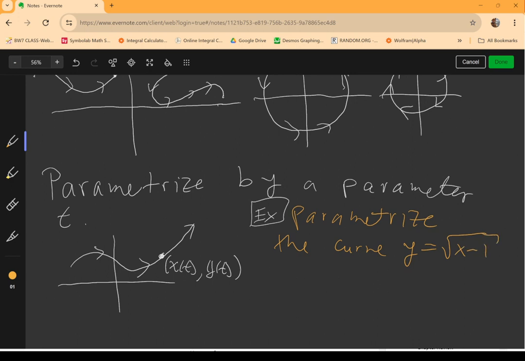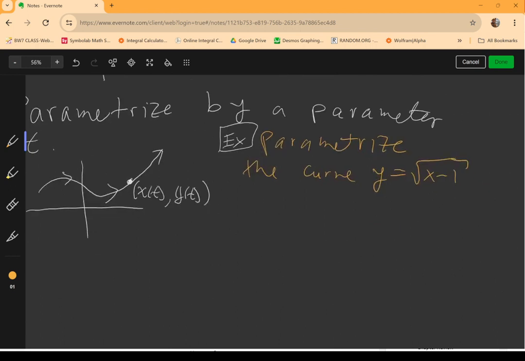Now, there are different parametrizations of this. I'll just go into one of them to get an idea of how to do this, and in later videos we'll look at some more interesting examples. Let's say that we had the graph of y is equal to the square root of x minus 1. It's a square root graph. The general shape looks like this.